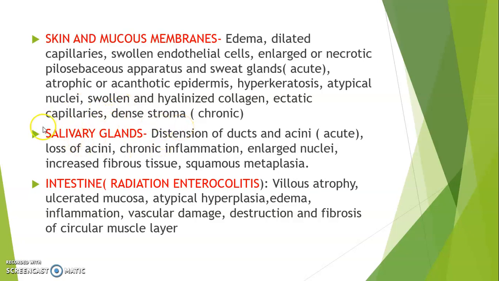In salivary glands, radiation induces distension of ducts and acini in the acute phase. There is loss of acini with presence of chronic inflammation with atypical nuclei and increased fibrous tissue along with squamous metaplasia.